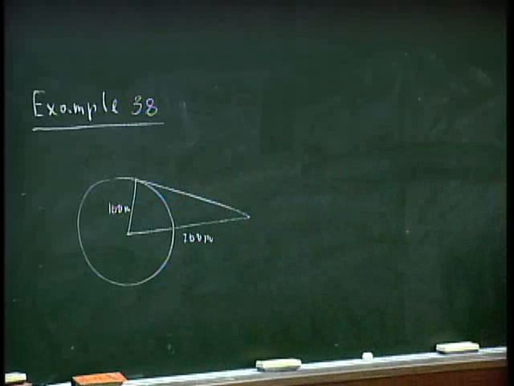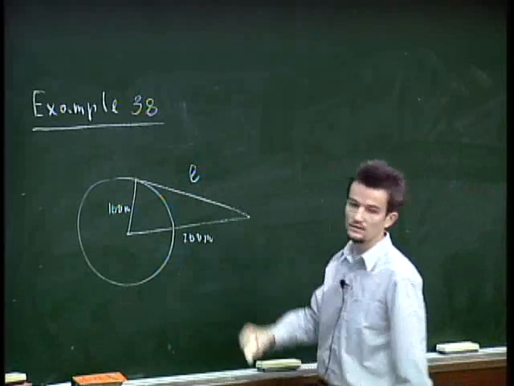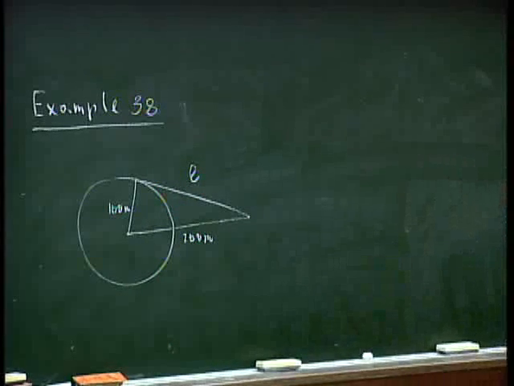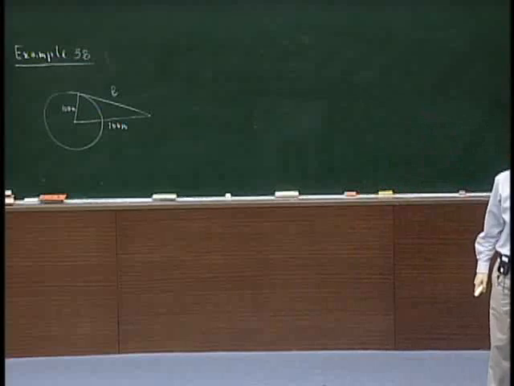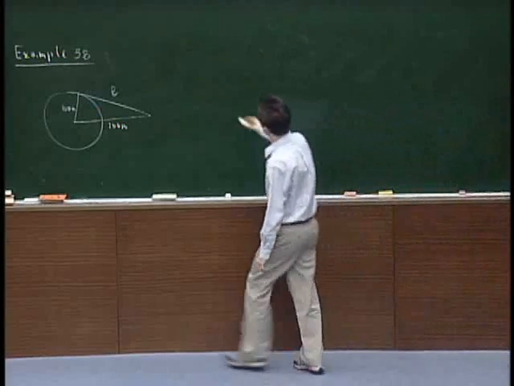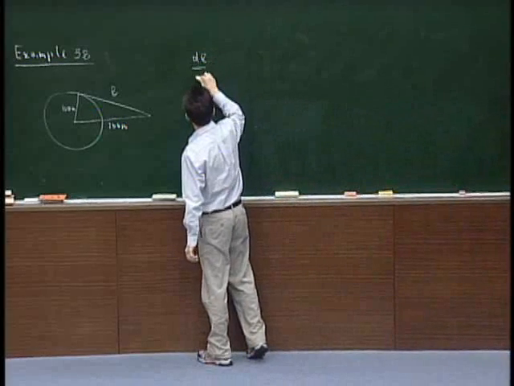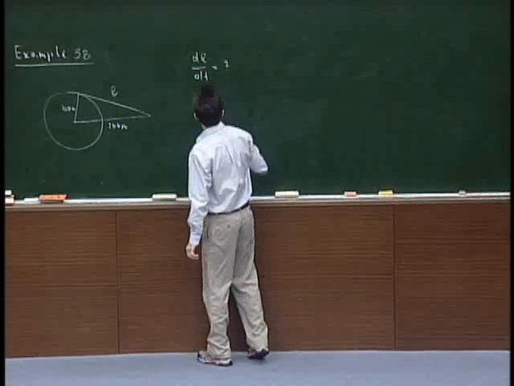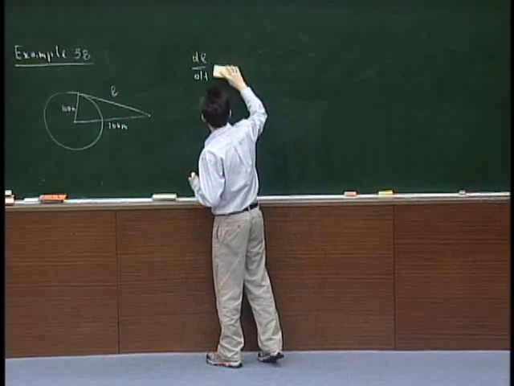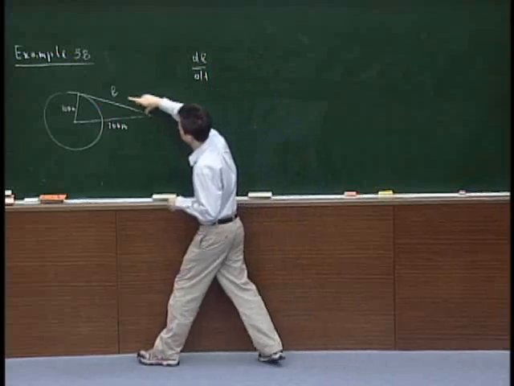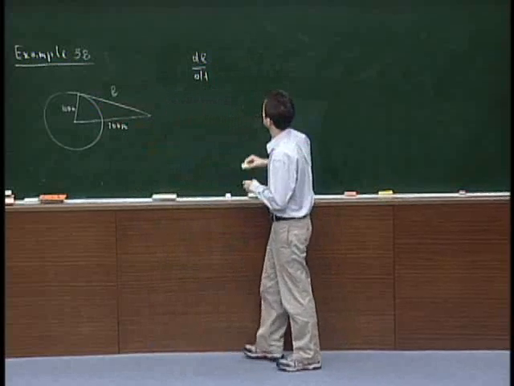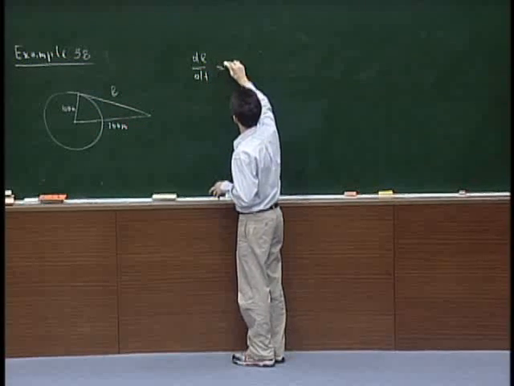Okay, so let's introduce a name for this distance. So this distance, let's say it's called L. Okay, and we are interested in the rate of change of L over the time. Now, so this is the quantity we have to find at a certain point, namely when the distance between them is 200 meter. Okay, so at a certain point, but you know what I mean.